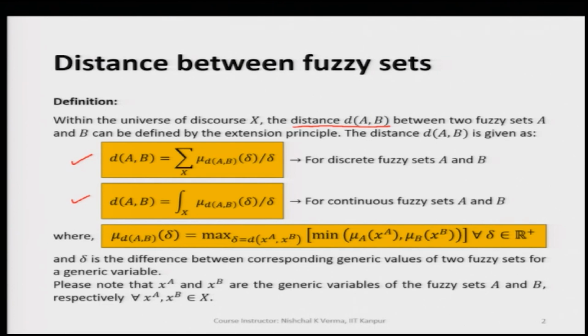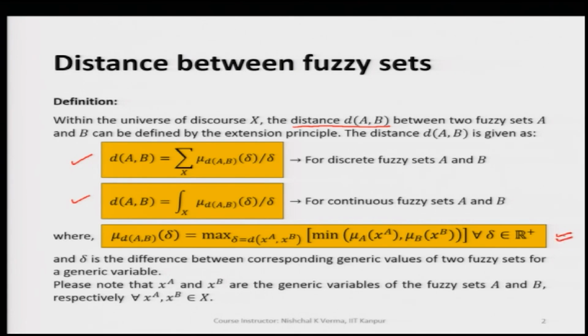In these two expressions, one for the discrete and another for the continuous case, both include mu_D(A,B)(delta). So, how do we find this mu_D(A,B)(delta)?